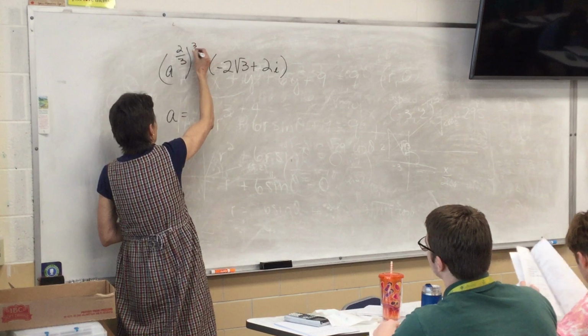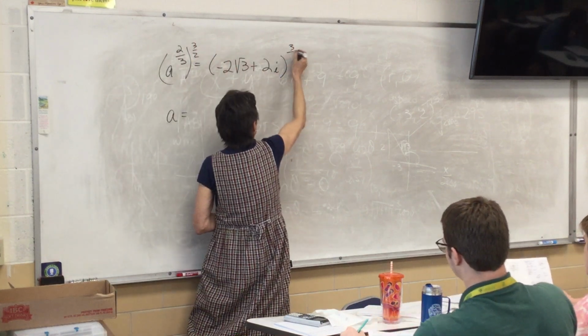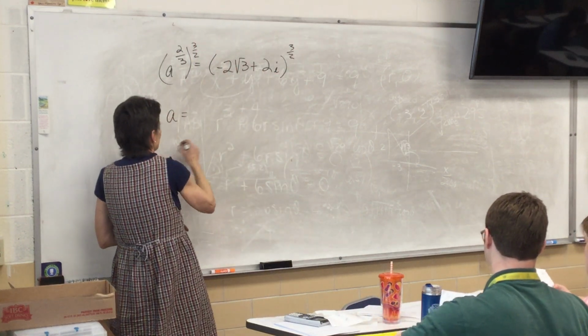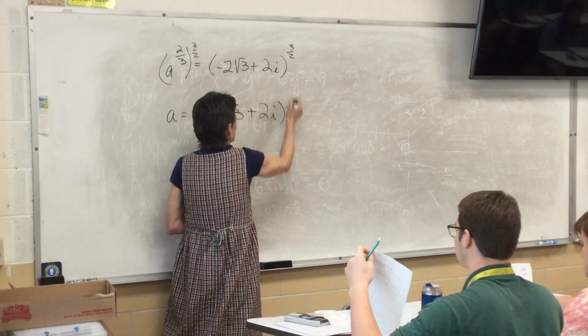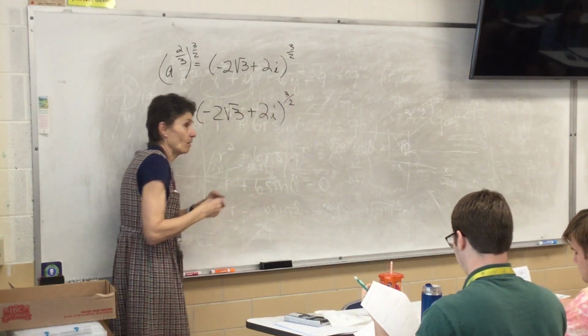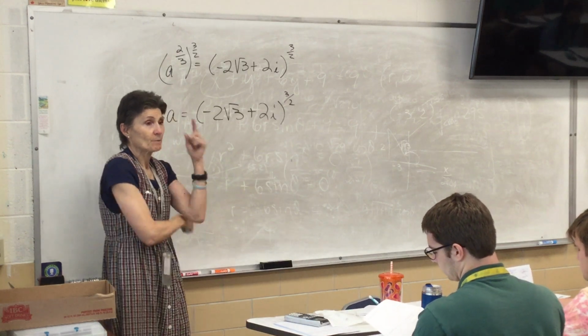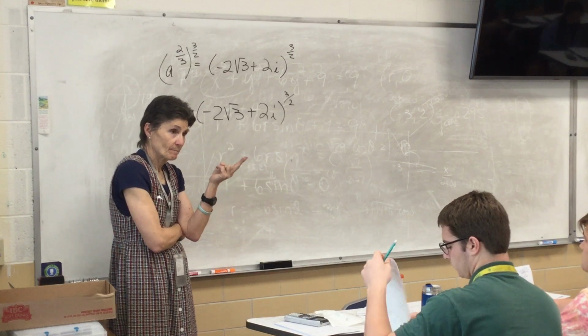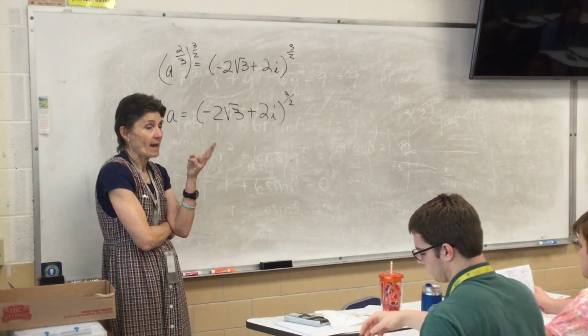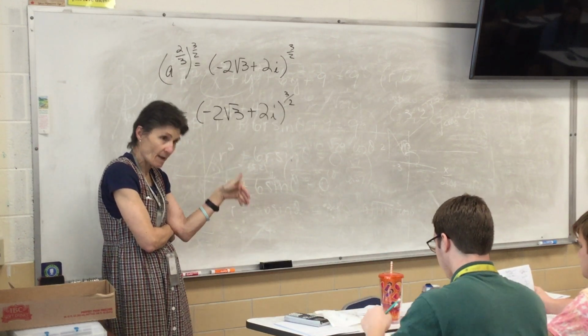So we're going to raise both sides to the 3/2 power. That'll clear that exponent out. So I'm really raising this guy to the 3/2 power. In other words, I'm cubing it and square rooting it. I can do that in 2 separate steps if I want.